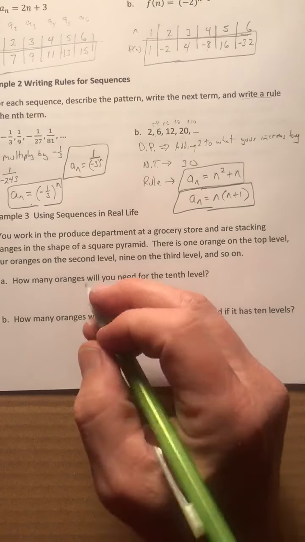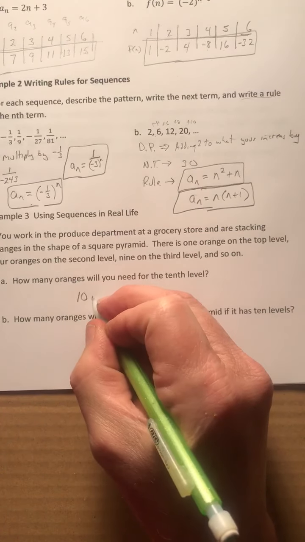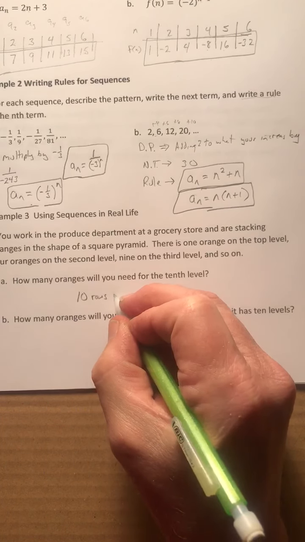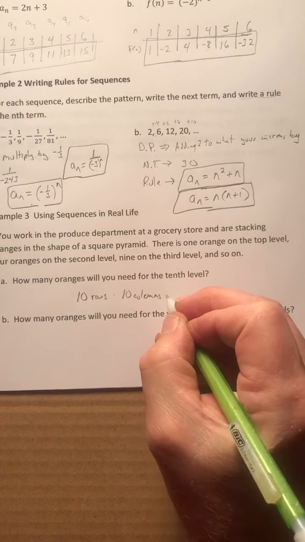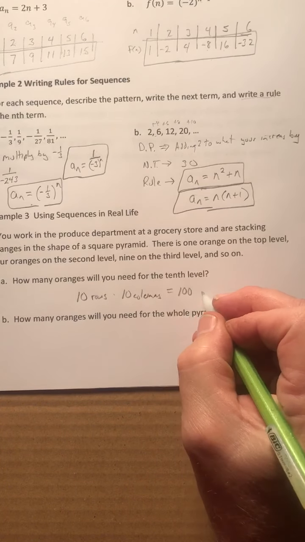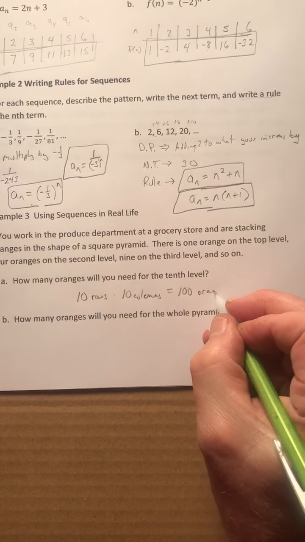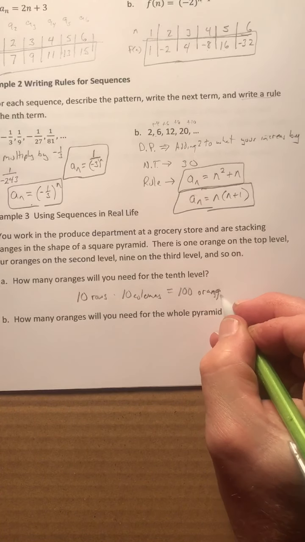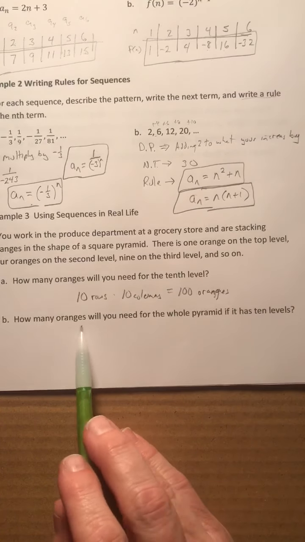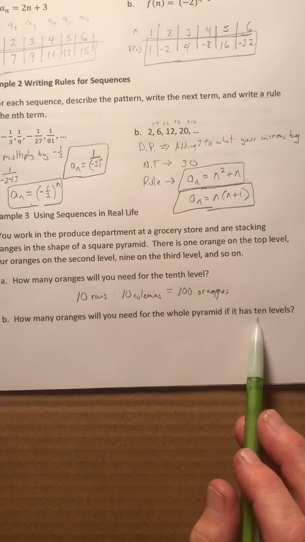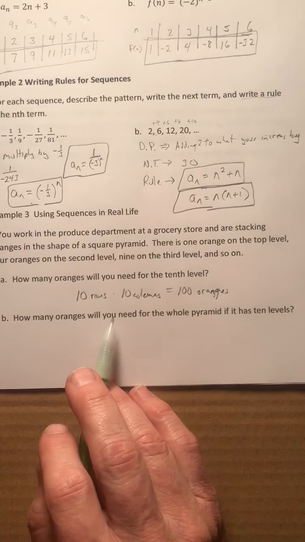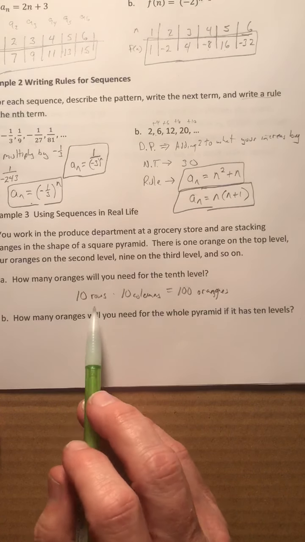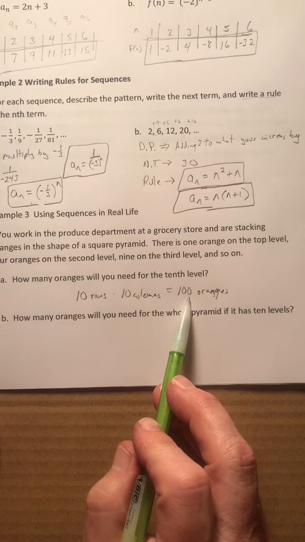So on the 10th level, there's going to be 10 rows and 10 columns. So there'll be 100 oranges. And then how many oranges will you need for the whole pyramid if it has 10 levels? Well, these are all going to be squares.